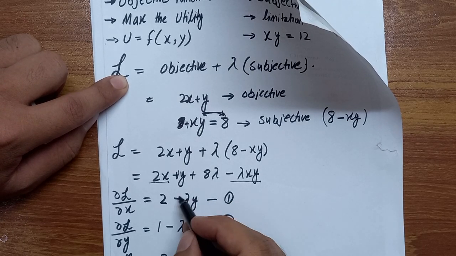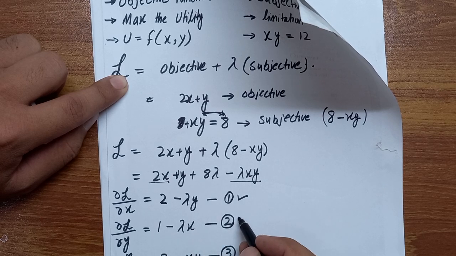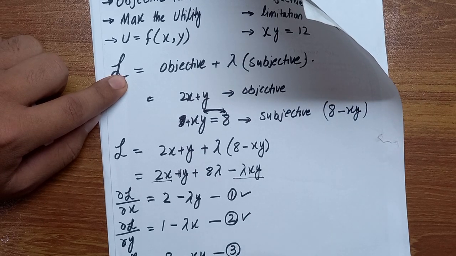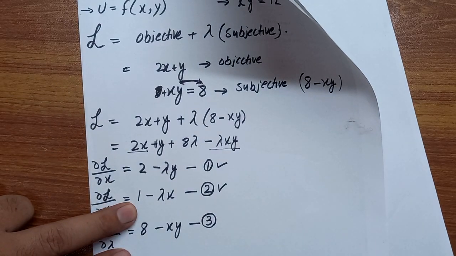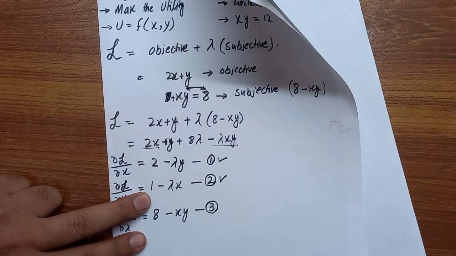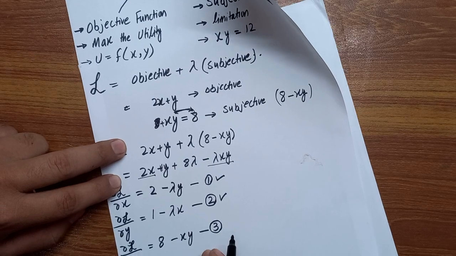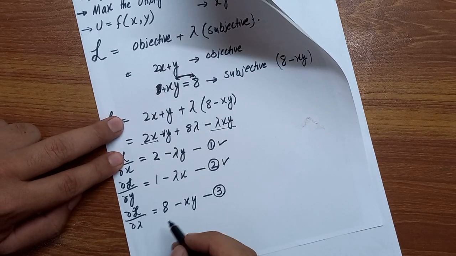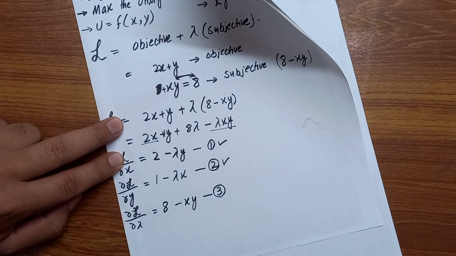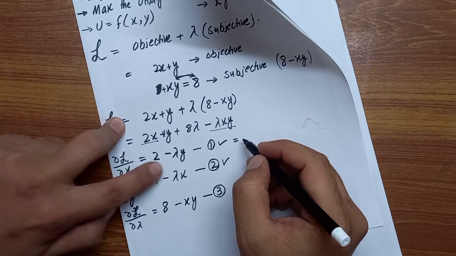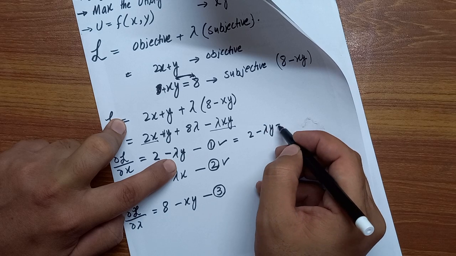Now from this equation we will separate lambda, and also from the other equation. When we find lambda from these two equations, it will be 2 minus lambda y is equal to 0.